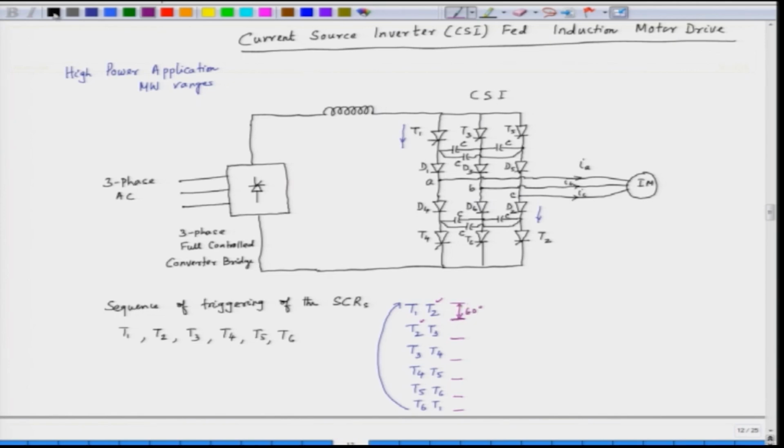As a result, if we plot the output current, let us say IA against time or angle omega t, this IA will be a quasi-rectangular waveform of this sort.